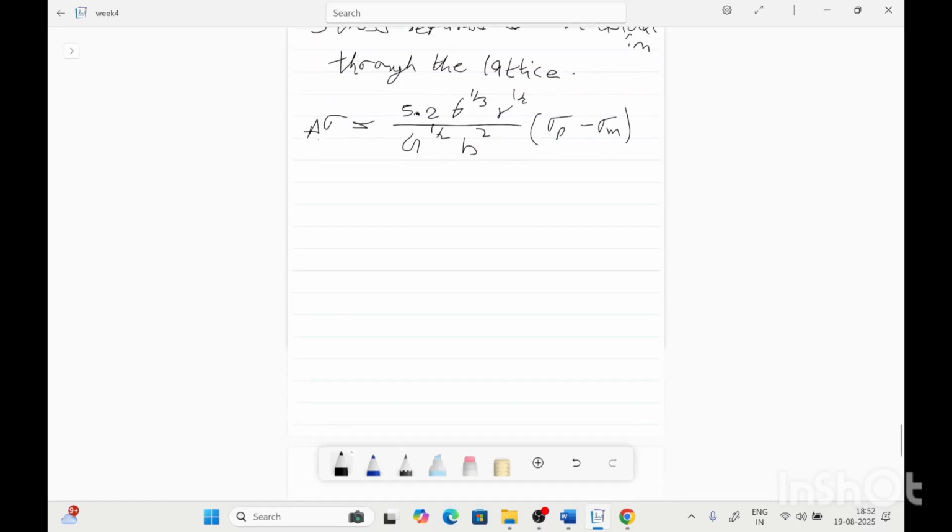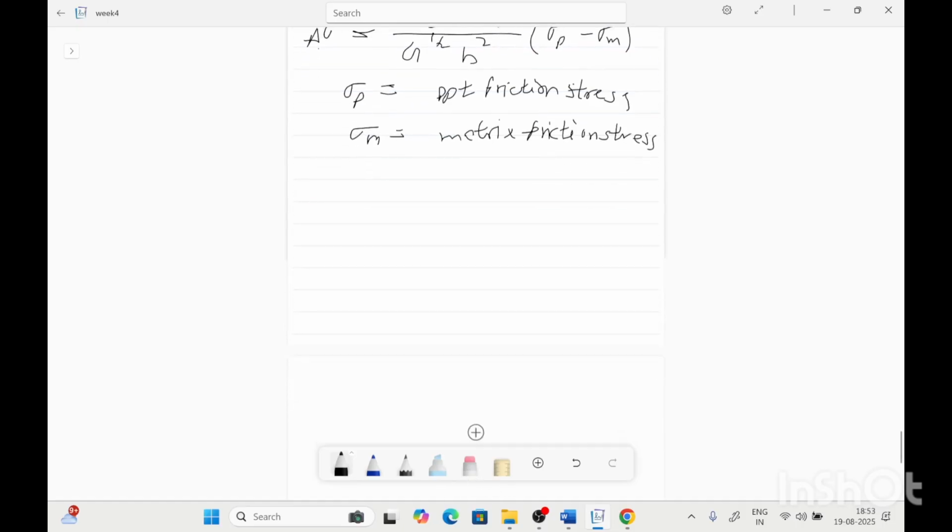Here sigma p is the precipitate friction stress. It means when the dislocation is moving in the precipitate, the precipitate friction will also be there. And sigma m is the matrix friction stress. So these are the 6 types of strengthening mechanism in precipitation hardening.